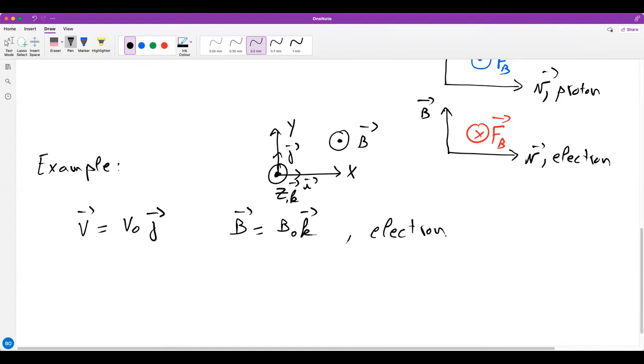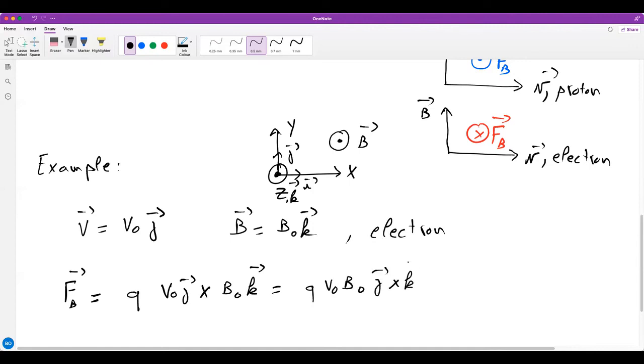Okay, so the magnetic force created on this electron is equal to the charge of the electron times the cross product V0 j cross B0 k. This will give me q V0 B0 j cross k.